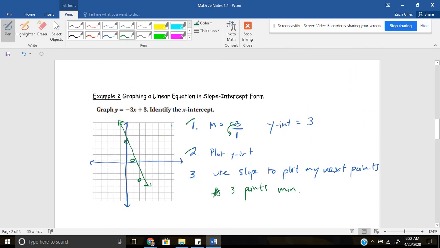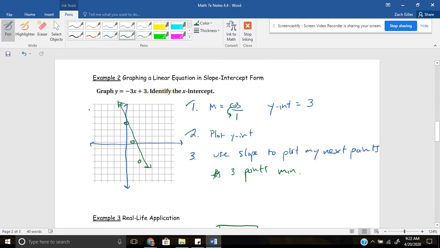That reminds me, I don't think we finished this problem. We didn't identify the x-intercept. Let's add number 4 here. Remember, that's asking where does our line cross the x-axis?